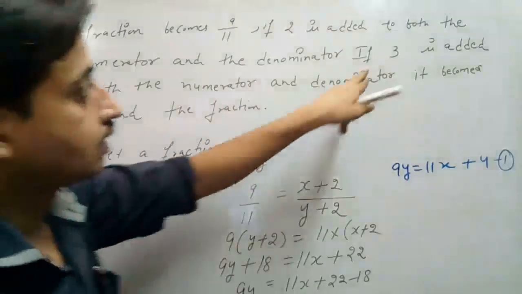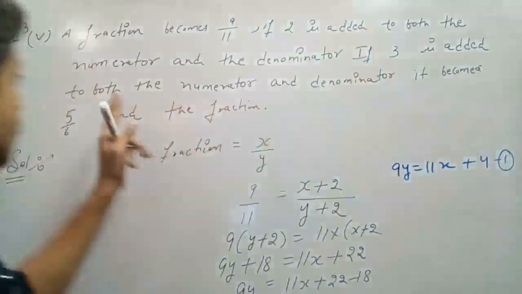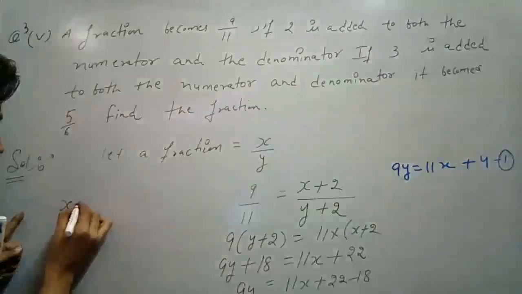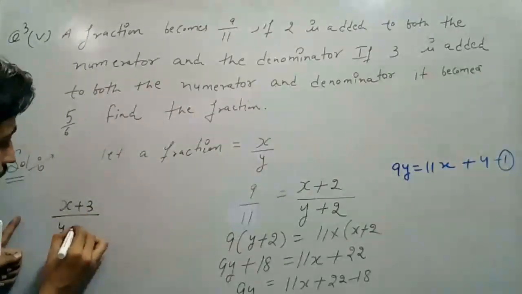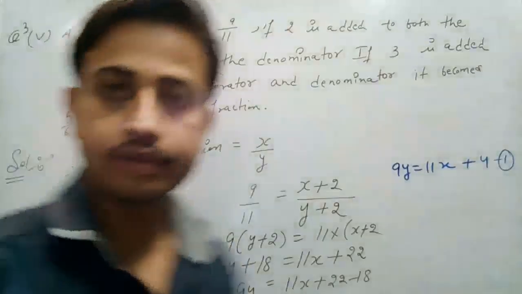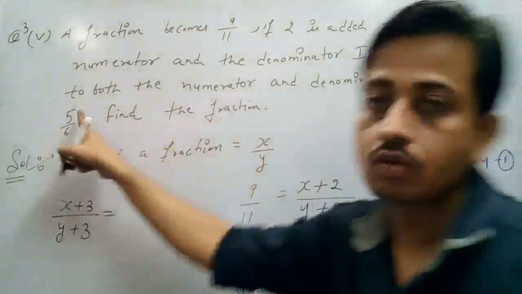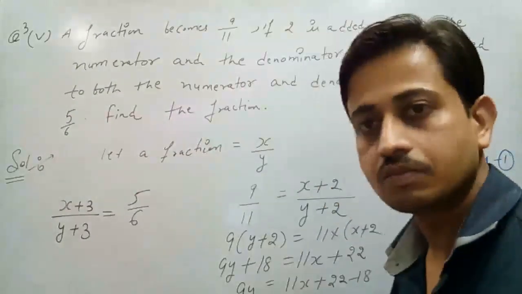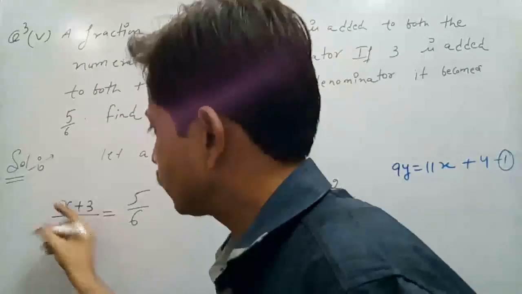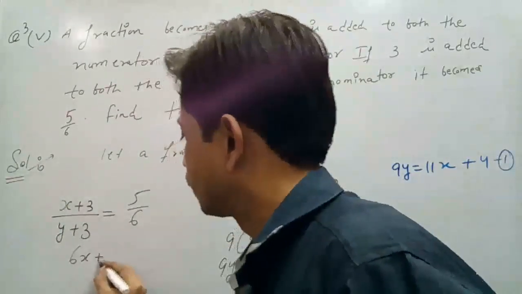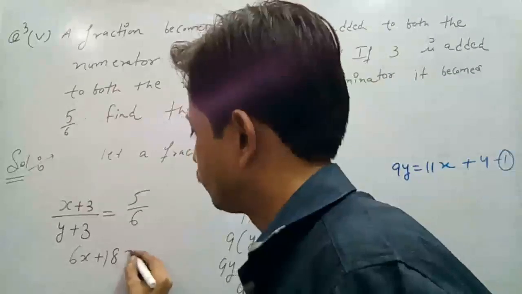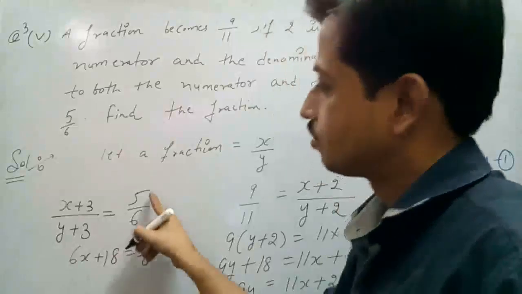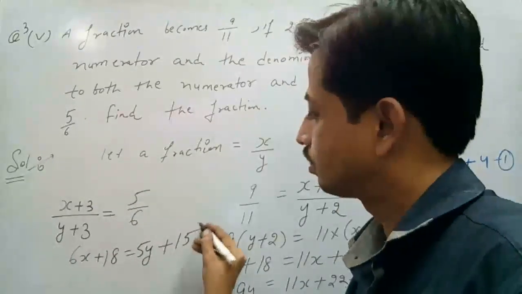Read the second part. If 3 is added to both the numerator and denominator, it means we have to add 3 to the numerator as well as 3 to the denominator. It becomes 5 by 6. Now the same step, do cross multiply. 6 into x, we get 6x plus 6 into 3, 18, which is equal to 5 into y, 5y plus 5 into 3, 15.